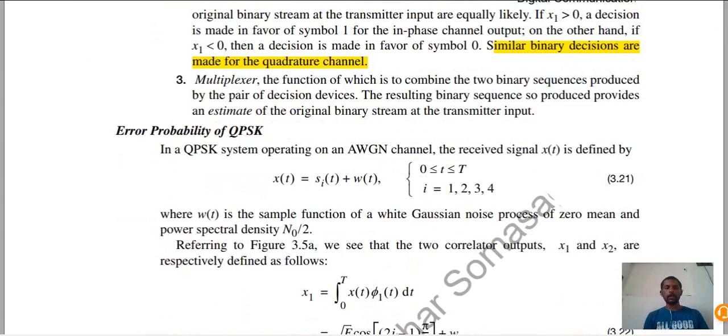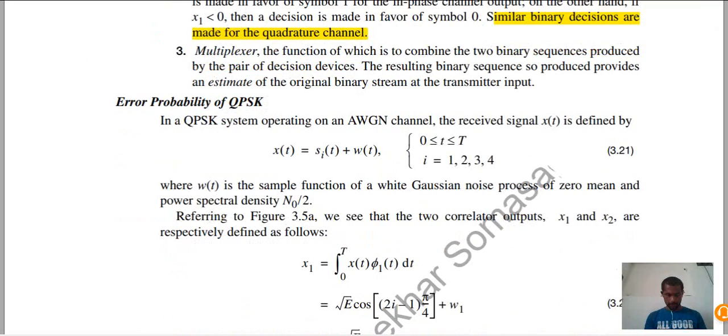Next, I move on to the error probability of QPSK, that is, whether the transmitted signal is received correctly or whether it is a wrong symbol. That is based on the receiving and transmission of the bits.